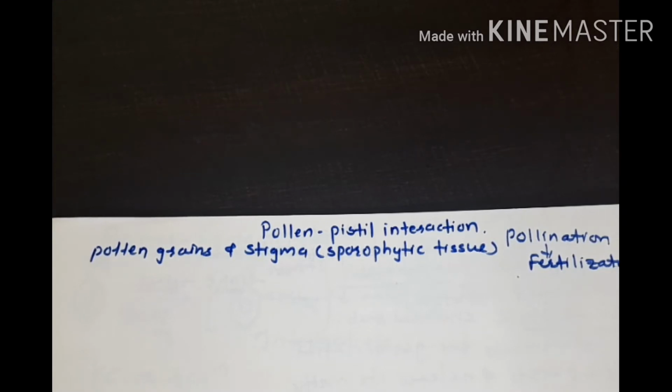Pollination does not guarantee the transfer of the right type of pollen. Often, the wrong type of pollen can also land on the stigma. Wrong type of pollen means pollen grains from another species, from another plant, also get placed onto the stigma.